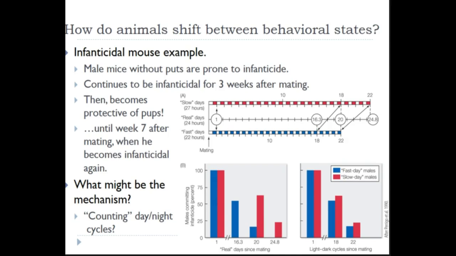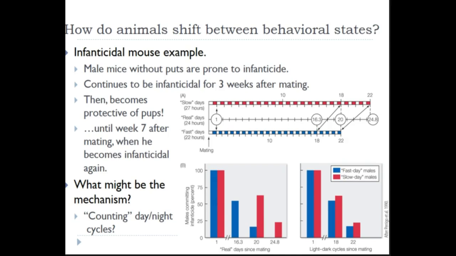After 16.3 real days, by our wristwatch, what they find is that the individuals that were on the slow days, the individuals that were on the fast days, why is that not making sense? I'm getting myself backwards here, but slow day males should take longer to do this.